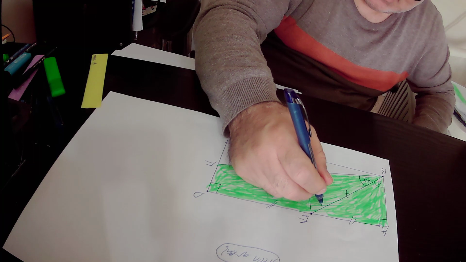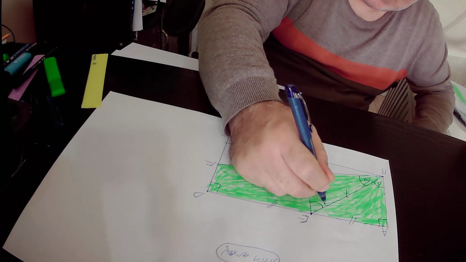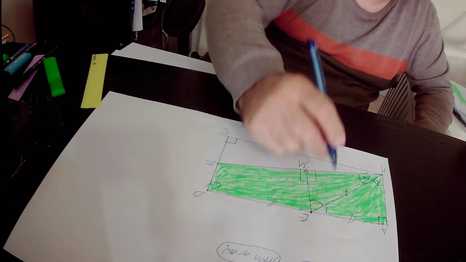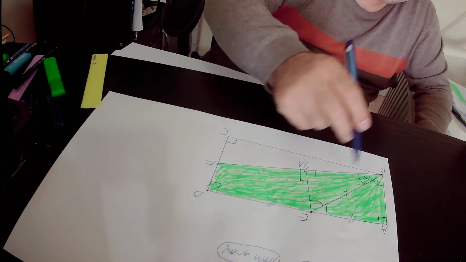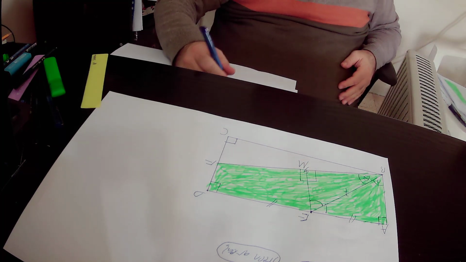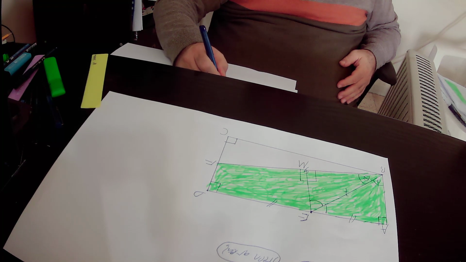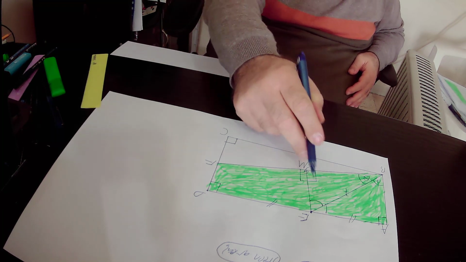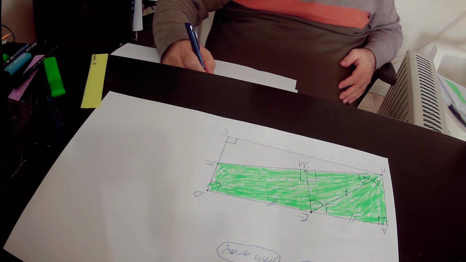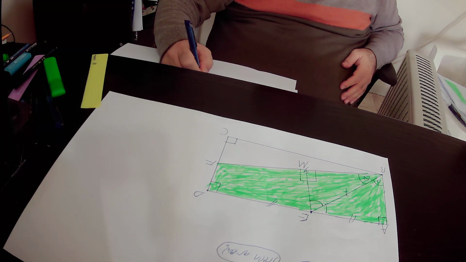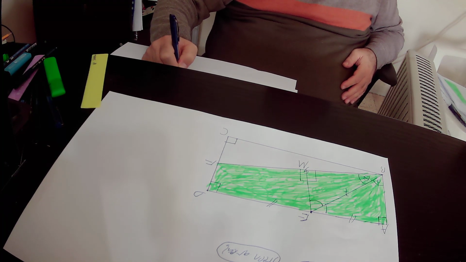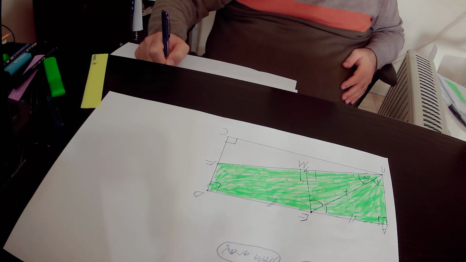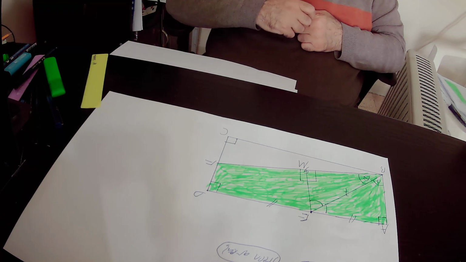And those two angles are equal to each other according to the third angle theorem. So angle AEB is equal to angle BEM according to the third angle theorem. So what is the third angle theorem?